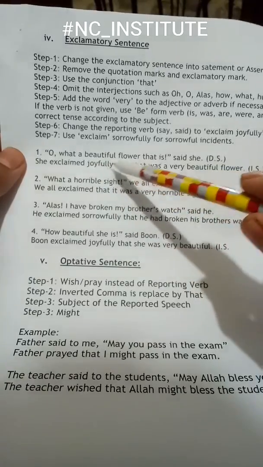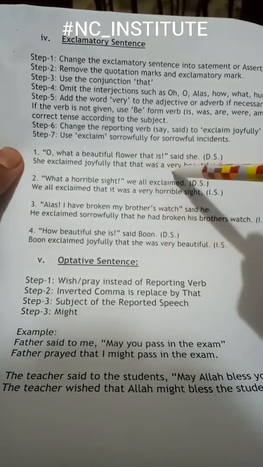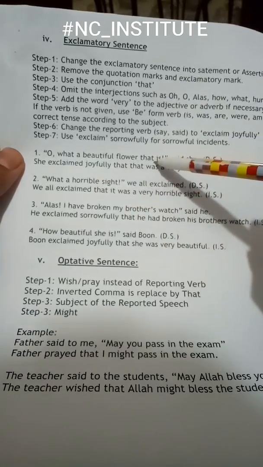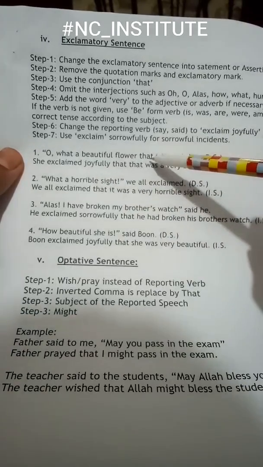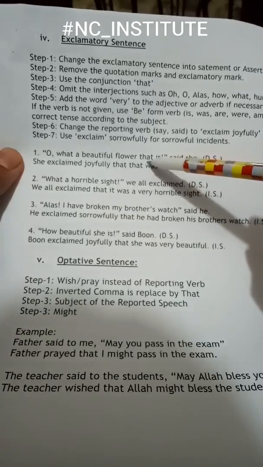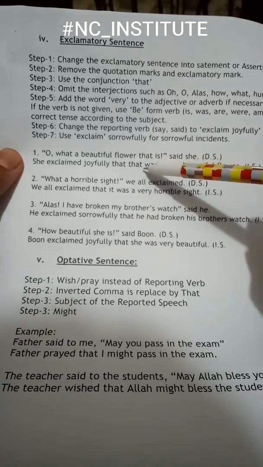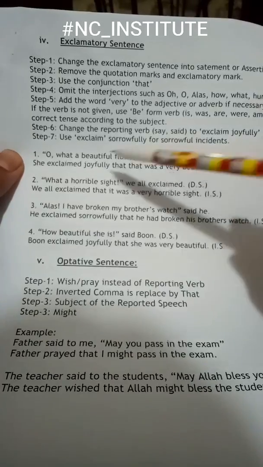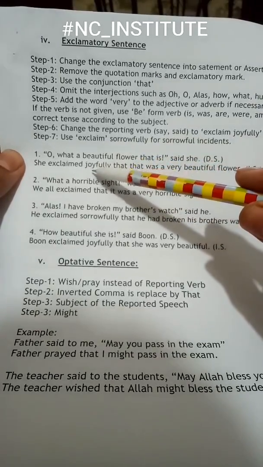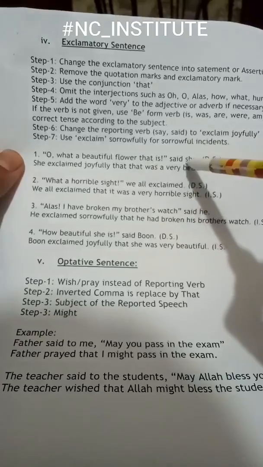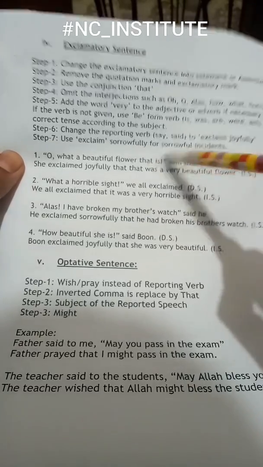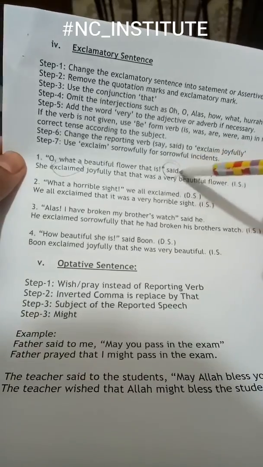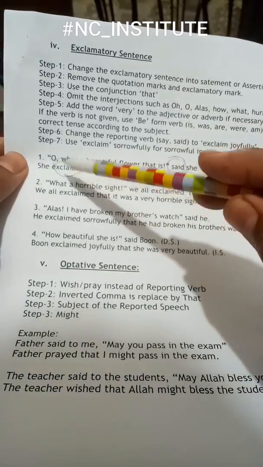She exclaimed joyfully that was a very beautiful flower. See, what a beautiful flower that is. The sentence structure is different here, but we need to transform it into an assertive sentence. She said that was an exclamation of happiness, joyfulness. That's why instead of said, we use exclaimed.